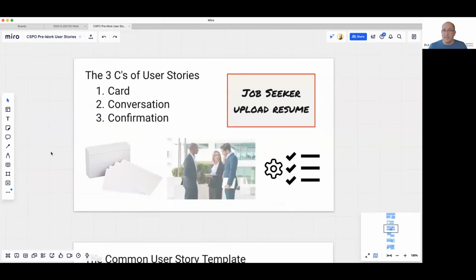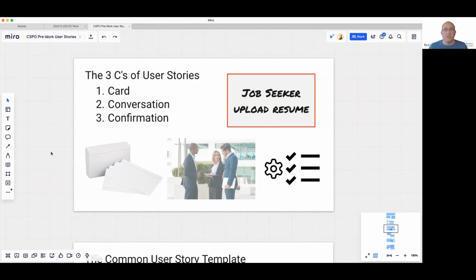Now, physical or virtual doesn't matter that much, but the point of the idea is that a card is a limited amount of space. And so you can't just write a huge novel for a user story. It's meant to be brief. Maybe 1 tweet's worth of text, for example.